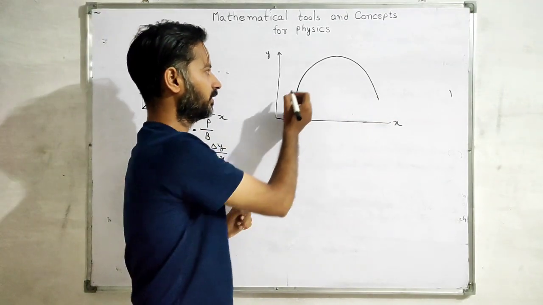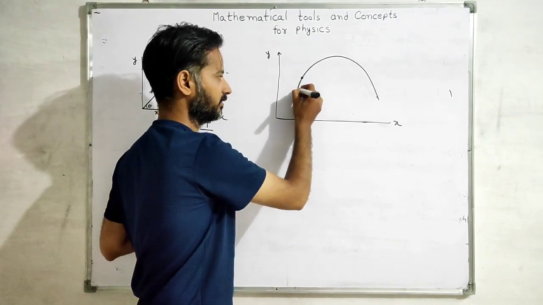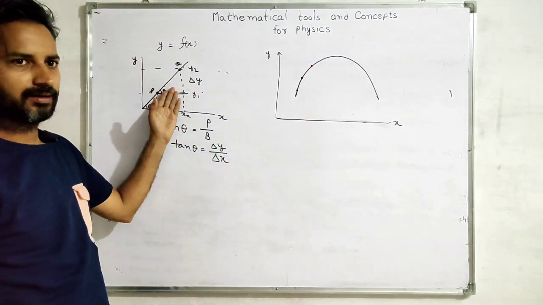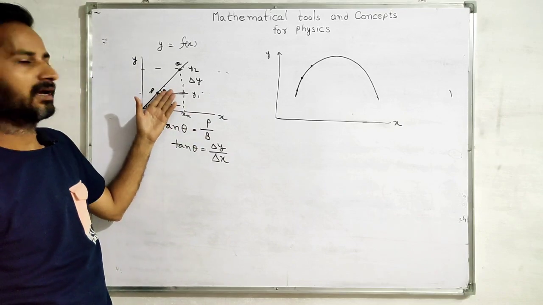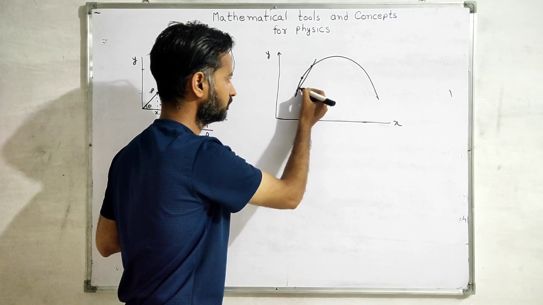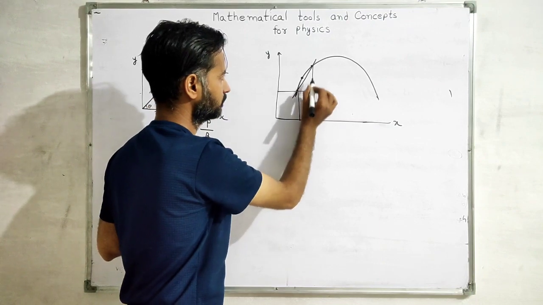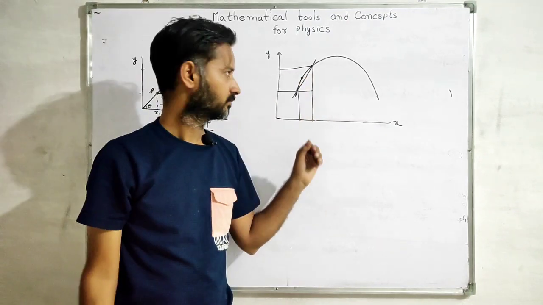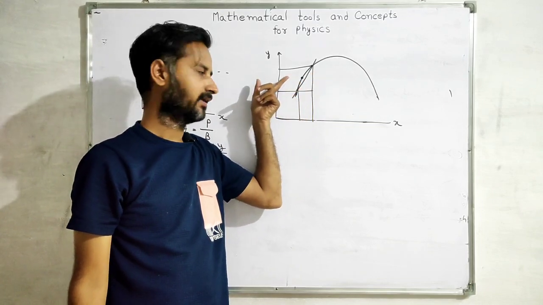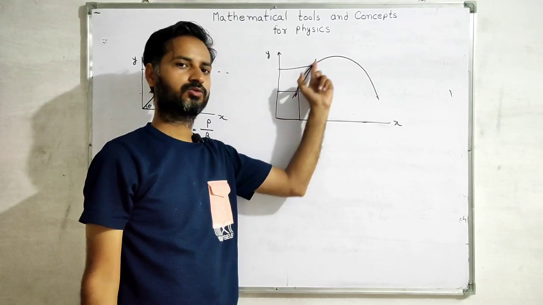If I choose 2 points, let's say I want to find the slope here, and if I take 2 points and make a triangle and find tan theta as I did here, then what do I get? As we can see, I want to find the slope here, but the line is crossing 2 points.